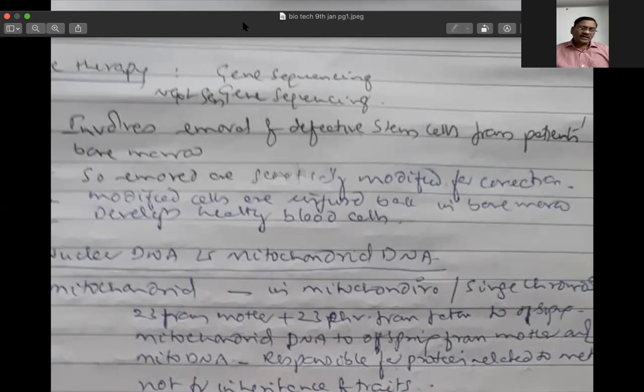What are the tissues? Your bone cell is a kind of tissue. It produces only bone cells. It will not produce any other cell. Your muscle cell, the mother muscle cell, starts producing only muscle cells. It will not produce a bone cell.